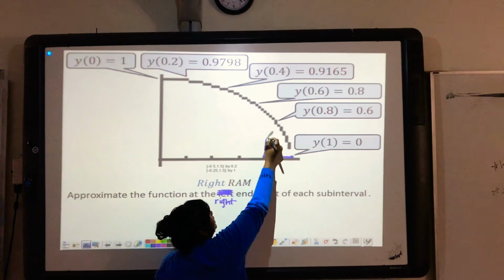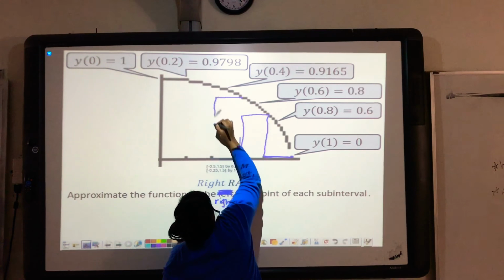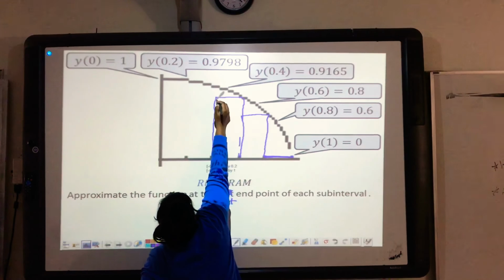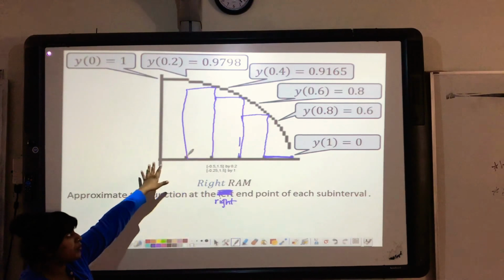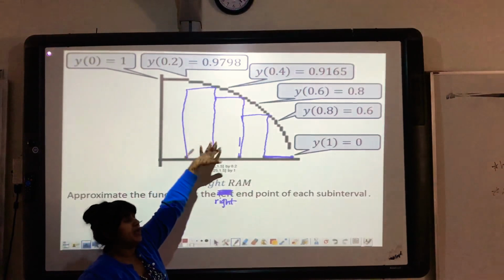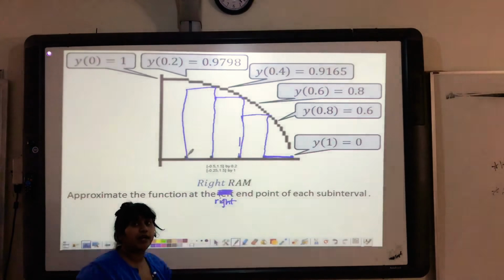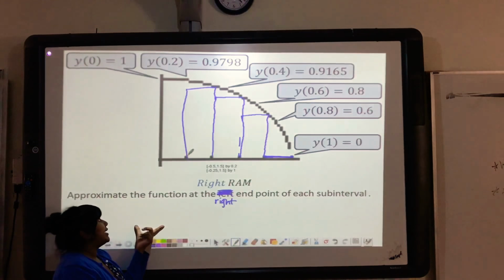But over here, I can hit my curve, draw straight across, hit my curve, draw straight across, hit my curve, draw straight across, and then the final one. Previously, we saw our left rectangles went a little bit over, and our right rectangles are going to go a little bit under. That's for this example. We'll talk about what that means in just a second.